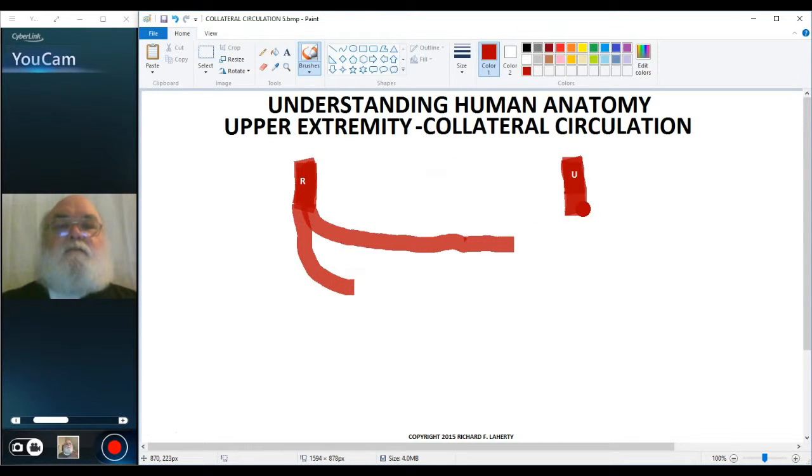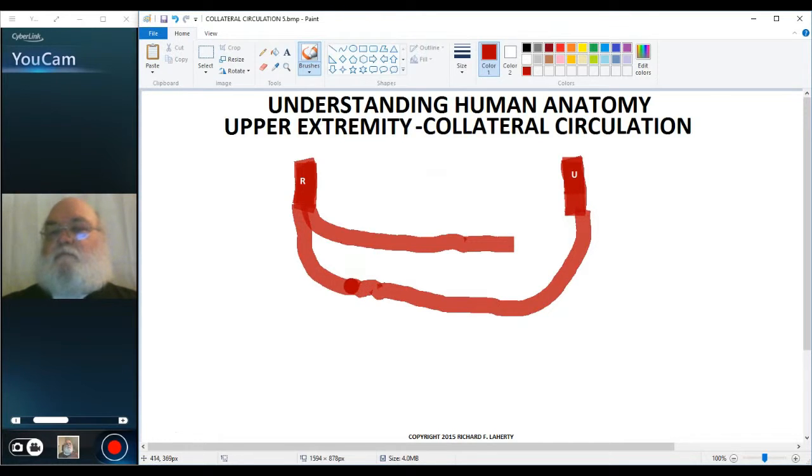The ulnar forms the superficial palmar arch and it has a deep palmar branch.